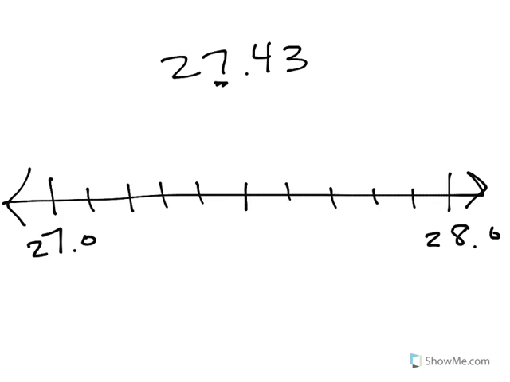So since the first number is 27 and 0 tenths, the next number would be 27 and 1 tenth, and then 27 and 2 tenths.